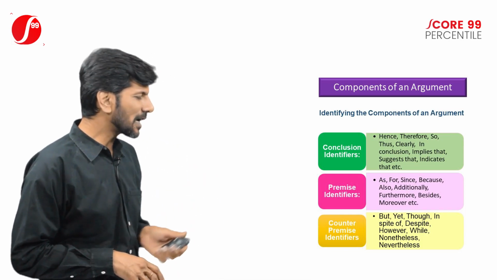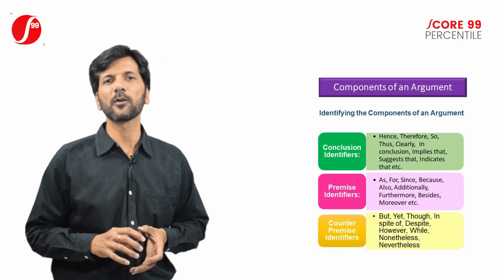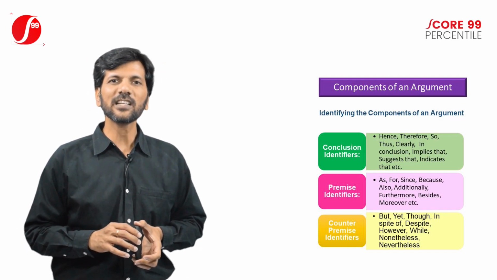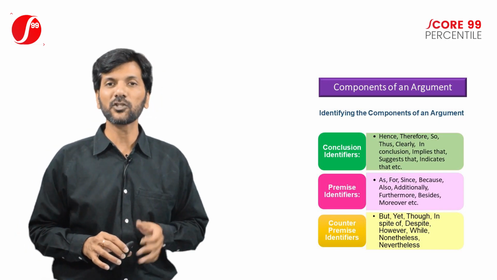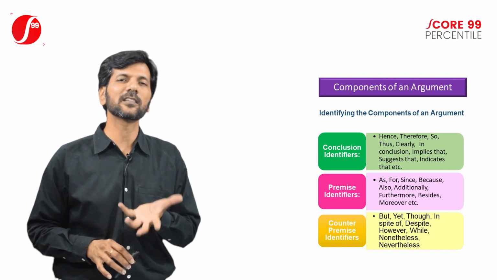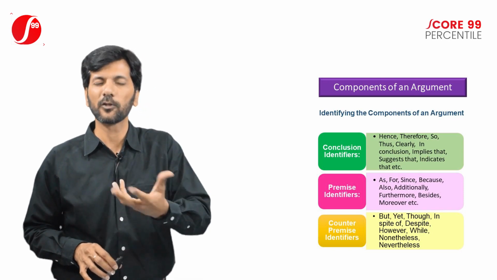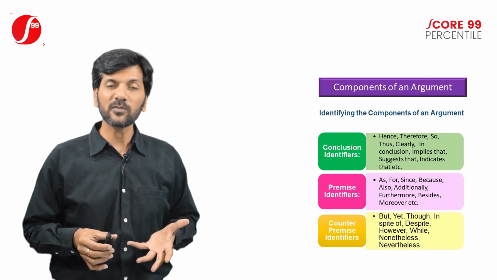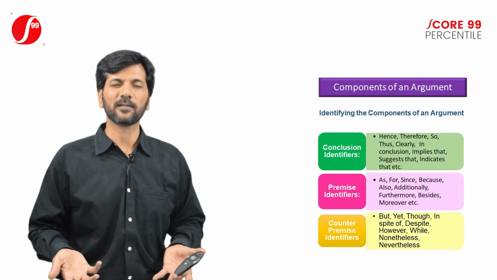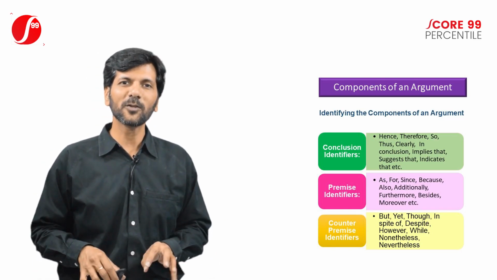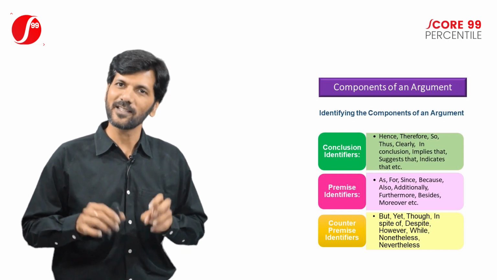Then you also have certain identifiers which are known as counter premise identifiers. What these counter premises are, we will understand much better a little later, but for the moment understand that an argument may also have a counter premise. As the name suggests, a counter premise tends to counter a premise. In other words, a counter premise to start with is first a premise in itself.